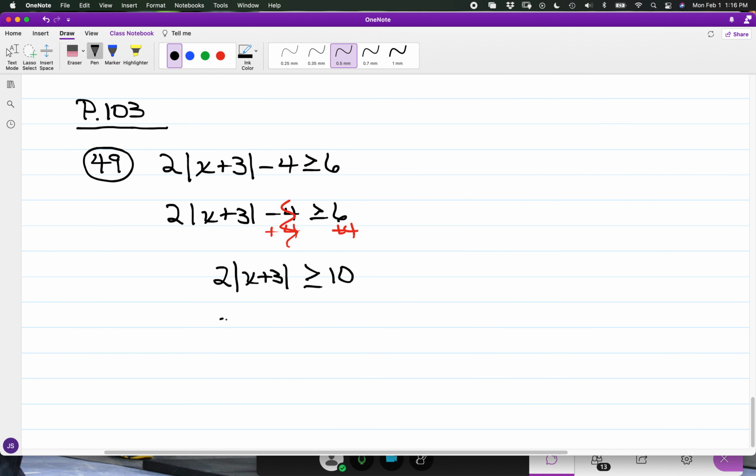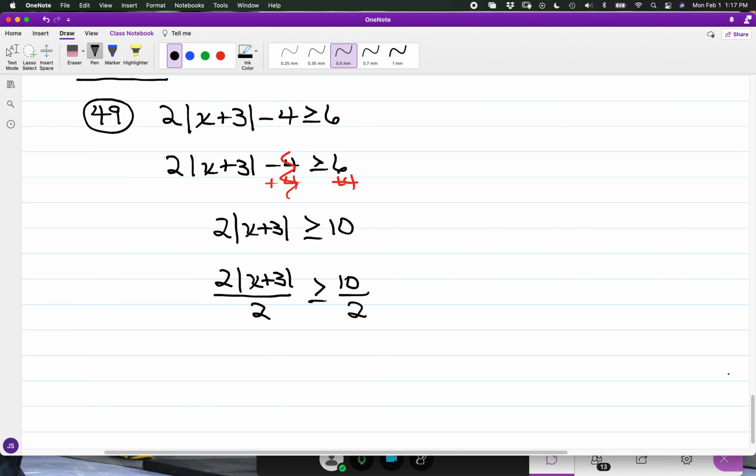And again, dividing by 2, 10 over 2. I'm dividing by a positive, so the direction of the inequality does not change. So we have that the absolute value of x plus 3 is greater than or equal to 5.